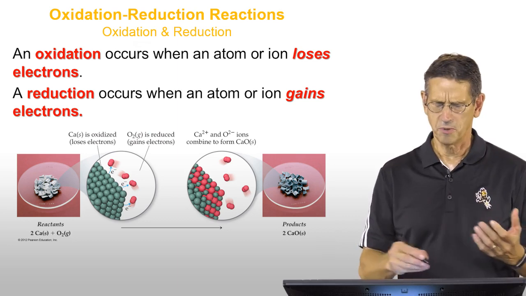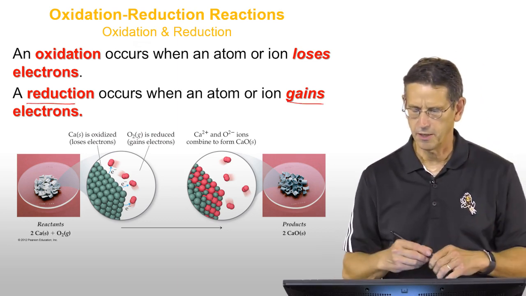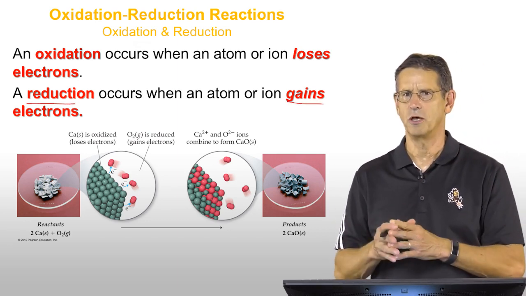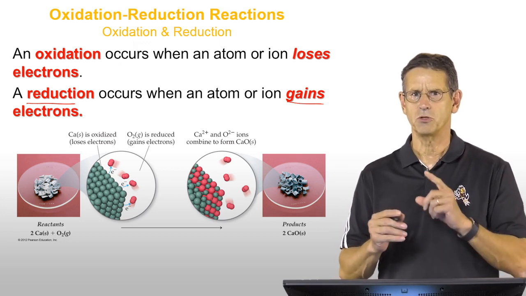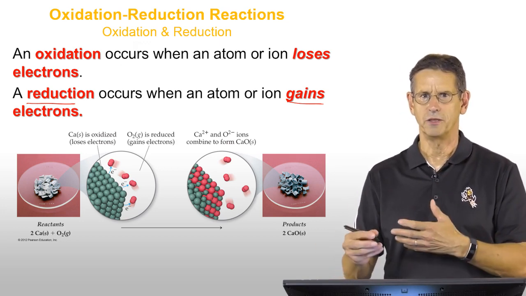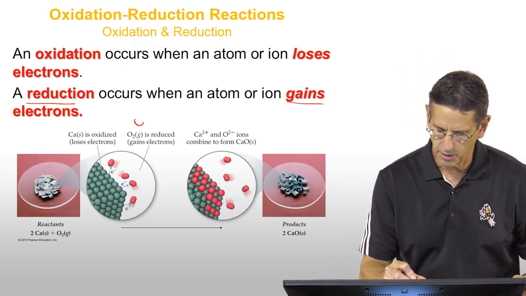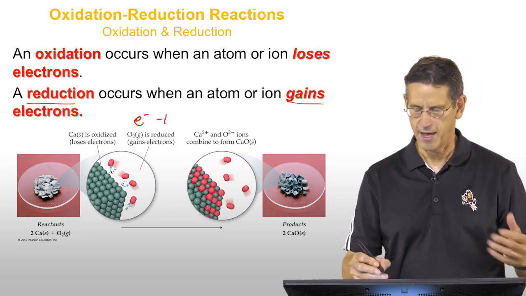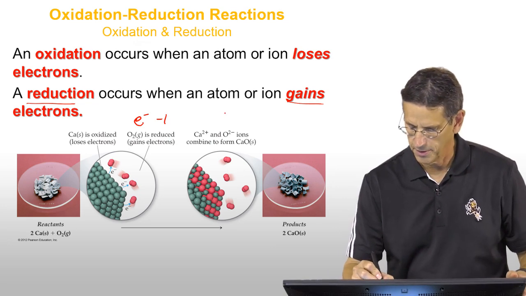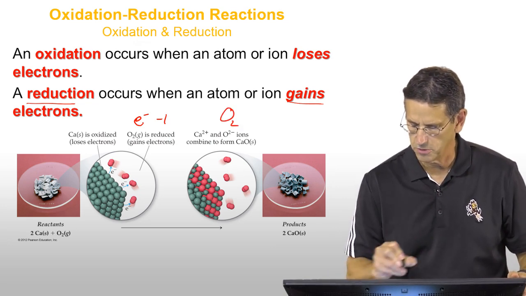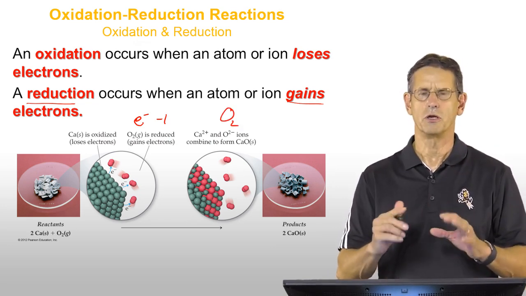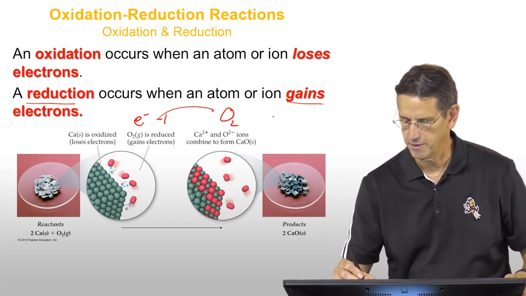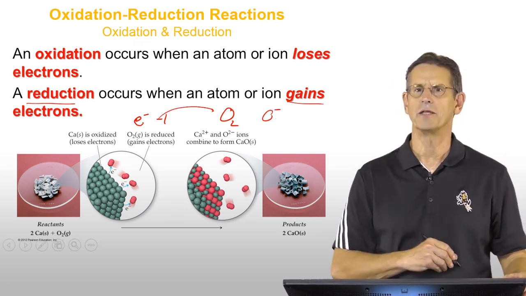Now, what is this about reduction gaining? I'll give you some mnemonic devices to help you remember this, but here's why we call reduction gaining electrons. Think about the charge of an electron. An electron has a -1 charge. So a neutral atom, let's just say oxygen, has no charge. When it gains an electron, it now is going to have a negative charge.